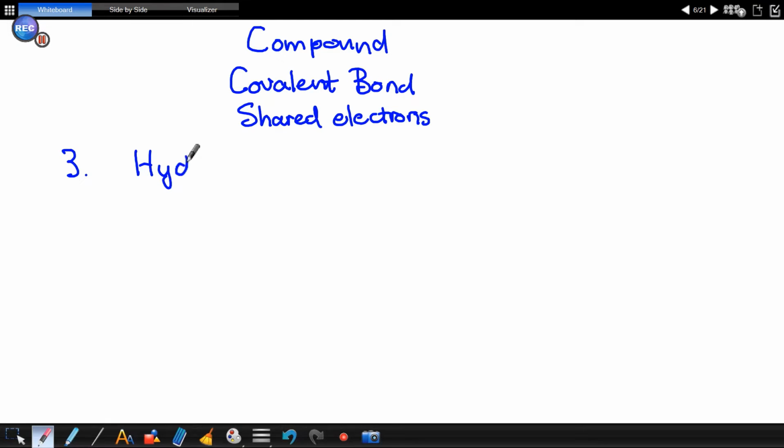So this is number 3. Hydrogen and oxygen join. So where do we start? We start with the symbols. Hydrogen. In which group is it? It's in group 1. So how many valence electrons does it have? 1 valence electron.